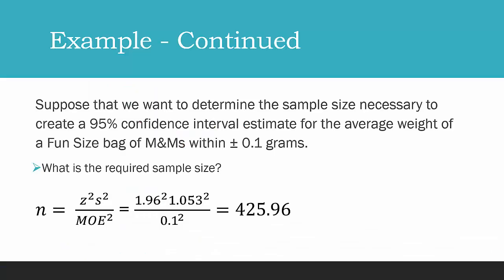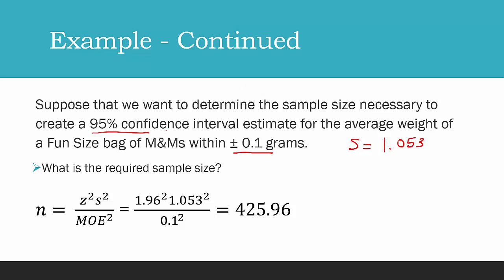So we've got this desire to have a 95% confidence level. We want our MOE to be plus or minus 0.1, and we know that our sample standard deviation was 1.053. So Z is 1.96. Remember that 1.96 is the Z critical value associated with a 95% confidence interval.